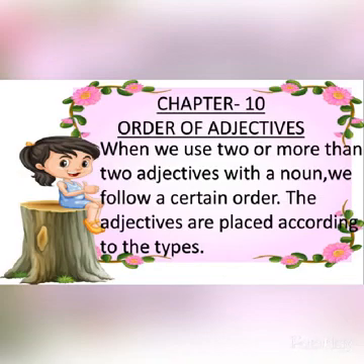When we use two or more than two adjectives along with a noun in order to describe it, we follow a certain order, and these adjectives are placed according to their types. So let's see how we are placing them.